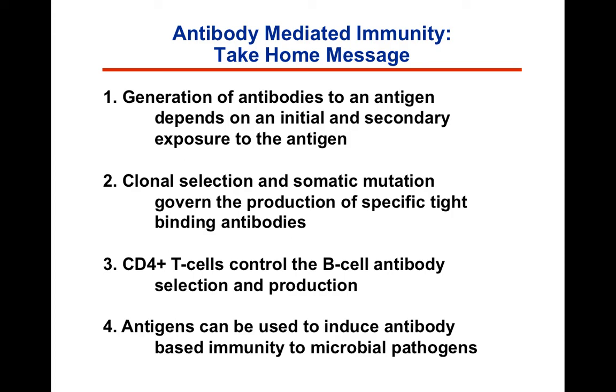CD4 T cells control the B cell antibody selection and production by antigen processing and presentation that we've seen. Antibodies can be used to induce antibody-based immunity to microbial pathogens, and we will see that later when we talk about vaccines. Okay, so that's it for now as a short segment.